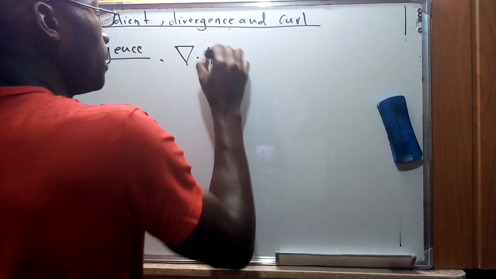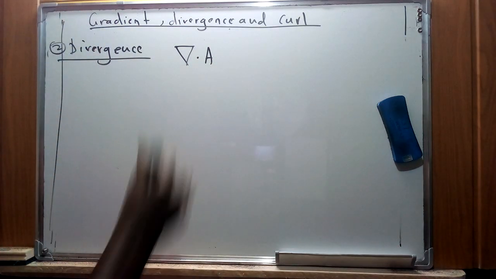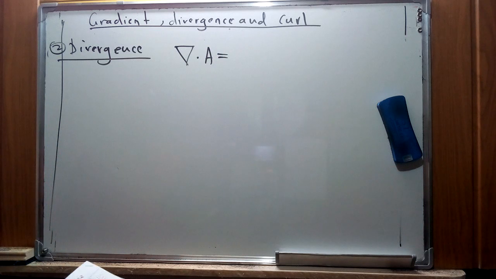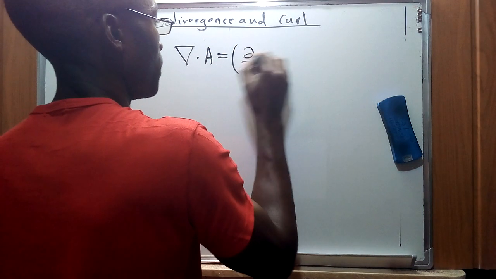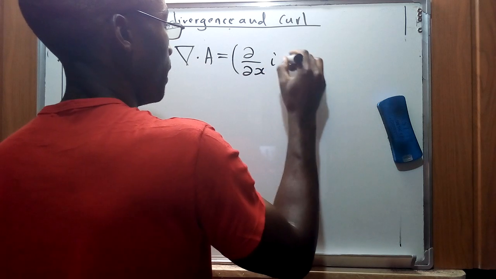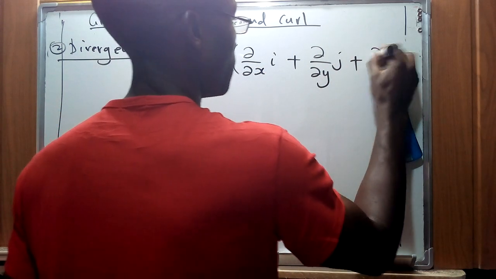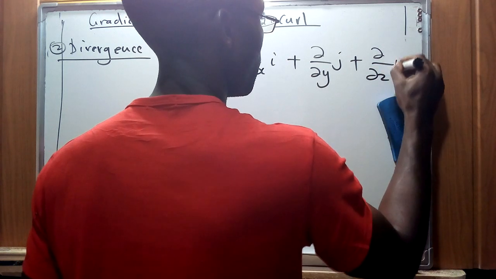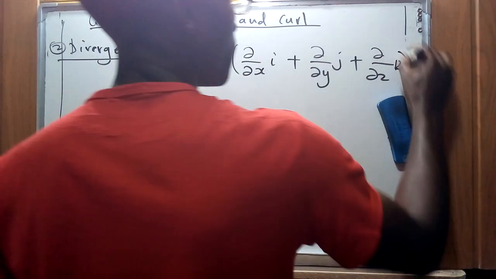Now from the dot product of vectors, you can infer some of the information that we have already learned. Now this is going to be represented as i d/dx plus j d/dy plus k d/dz, and then I'm just going to do that because of space.